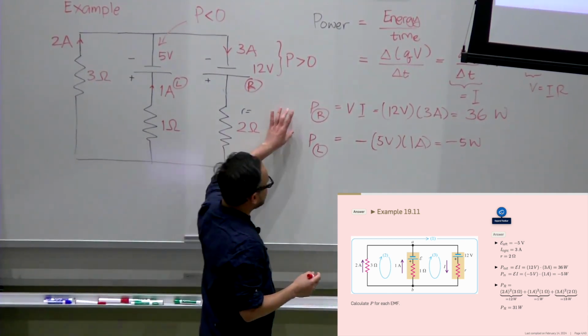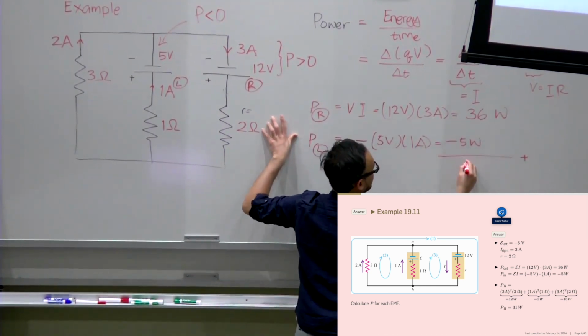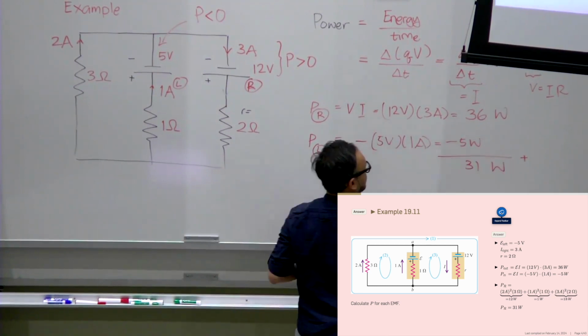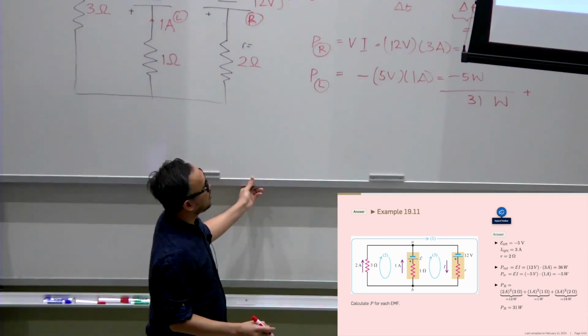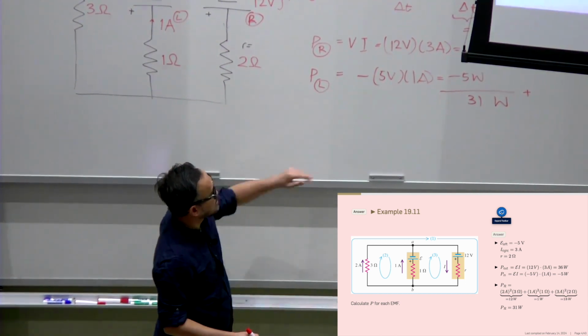So the power that the battery puts in the circuit is 31 watts. So 36 minus 5 watts, which is 31.